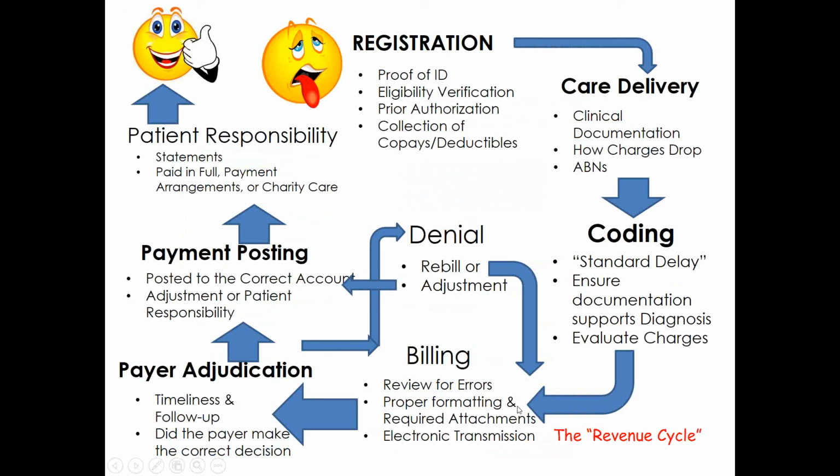We review bills then for proper formatting and any required attachments. Sterilization processes for Medicaid is a great example. Every time a Medicaid patient decides to have a tubal ligation, so they don't want to have any more kids, there's a required form that has to go with it.